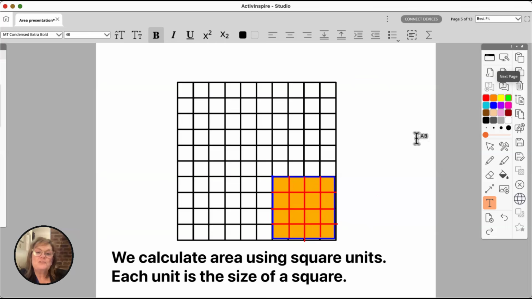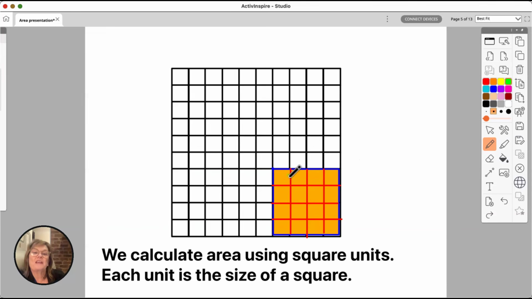All right, usually we calculate area by square units, as we said, and we can just count them if they're drawn for us. So for instance, in this rectangle right here, we could just count 1, 2, 3, 4, 5, 6, 7, 8, 9, 10, 11, 12, 13, 14, 15, 16.